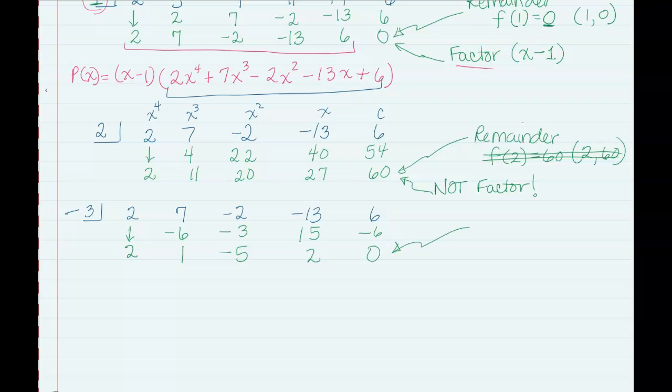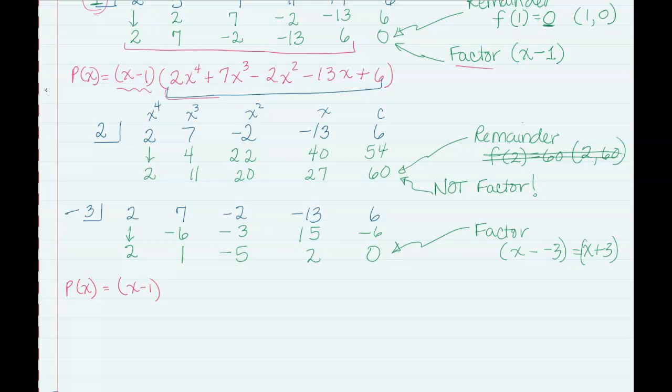So again, from the remainder theorem, we know that's equal to 0. But more importantly, the factor theorem says if the remainder is 0, you have found a factor. So we found the factor x minus a negative 3, or x plus 3. So what does that mean to us? That means our polynomial, p of x, was originally that x minus 1 that we started off with.